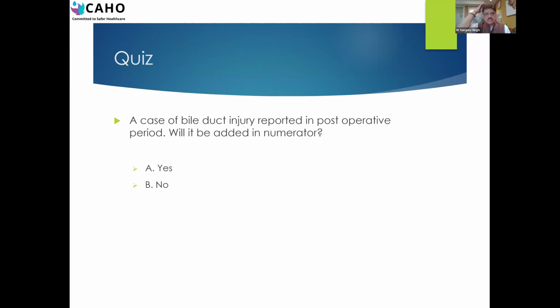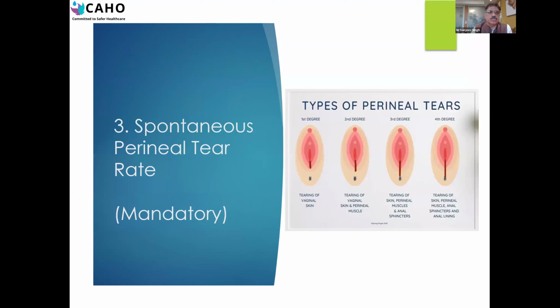So a case of bile duct injury reported in the post-operative period, will it be added as a numerator? A question to all of you. The answer is yes, because whether intraoperatively or post-operatively, we need to capture this information, as it is part of the numerator and part of the bile duct injury collection of information.